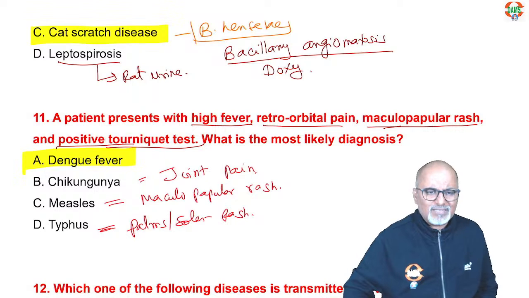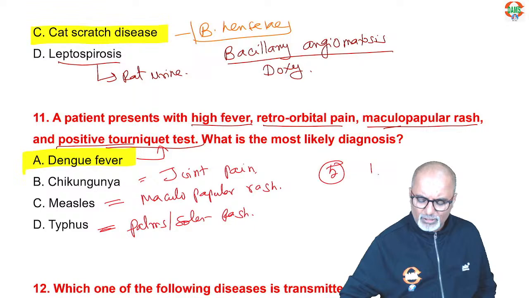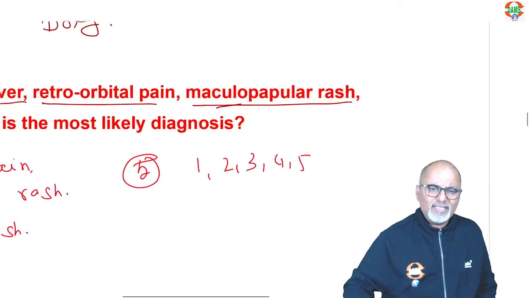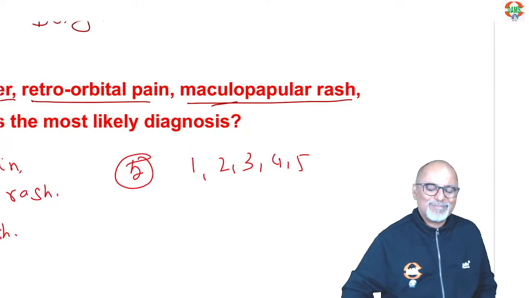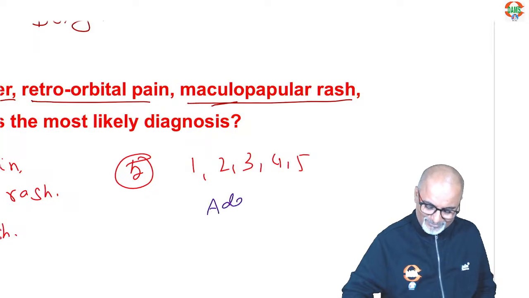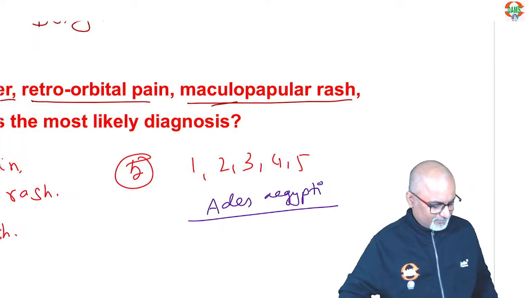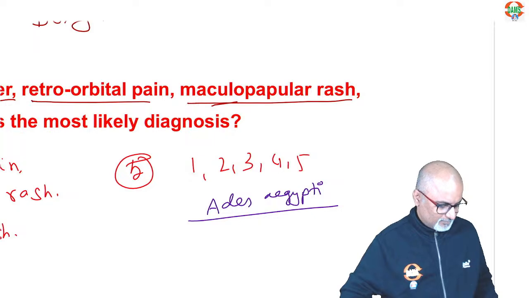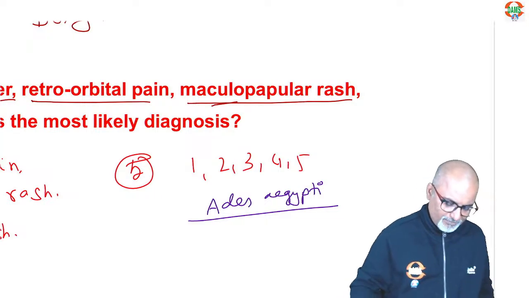So dengue fever is positive for tourniquet test. There are 4 types of dengue. What is the vector for dengue? Aedes aegypti. Am I right? Aedes mosquito. Got it? Aedes aegypti.